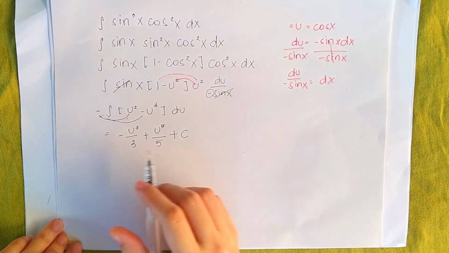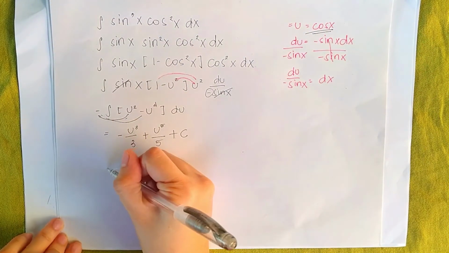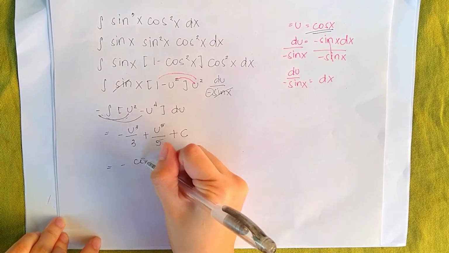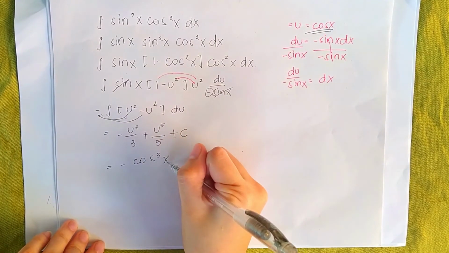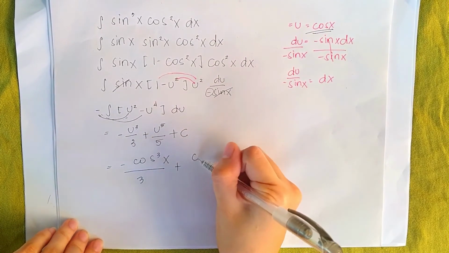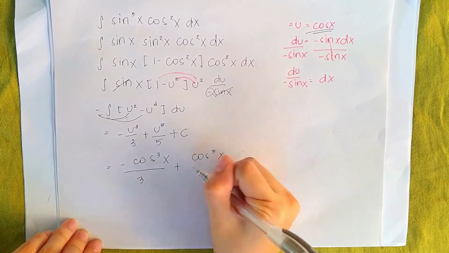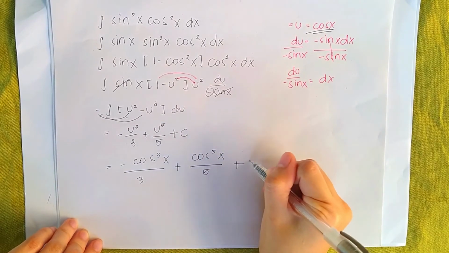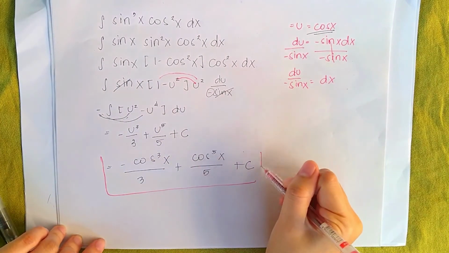So the last step is to substitute the value of u. So this will be negative cosine cube x over 3 plus cosine raised to 5x over 5 plus c. So this will be our final answer.